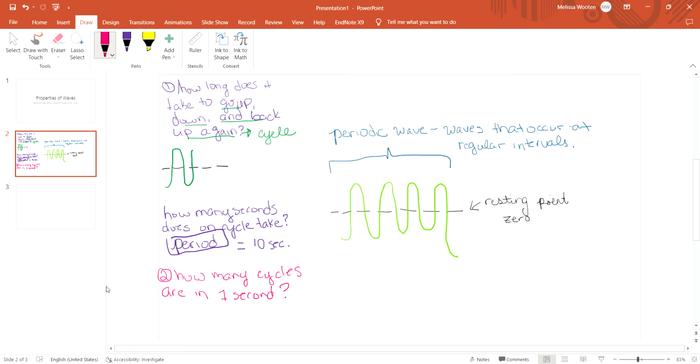And so if one cycle takes 10 seconds, that's referred to as a period. If I talk about how many cycles are in 1 second, there is 1/10 of a cycle in 1 second, because it's just the inverse.